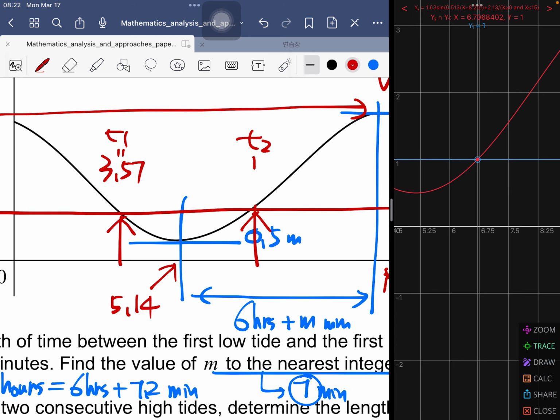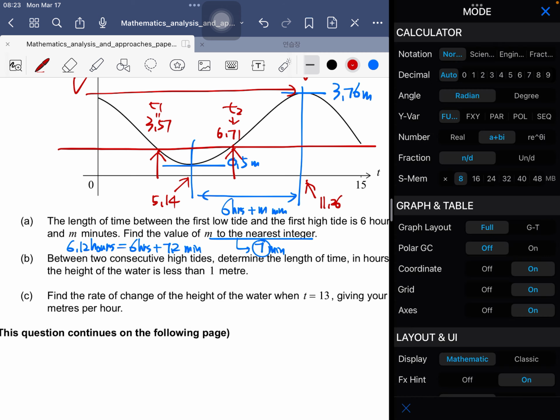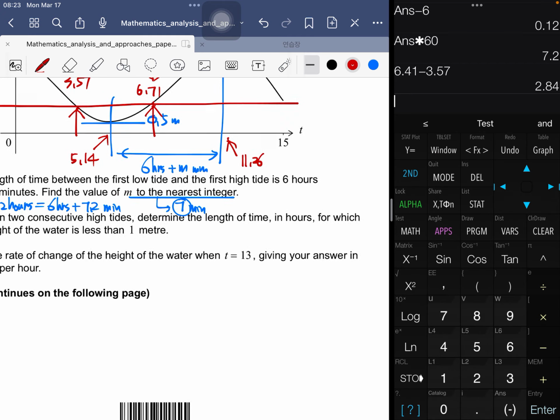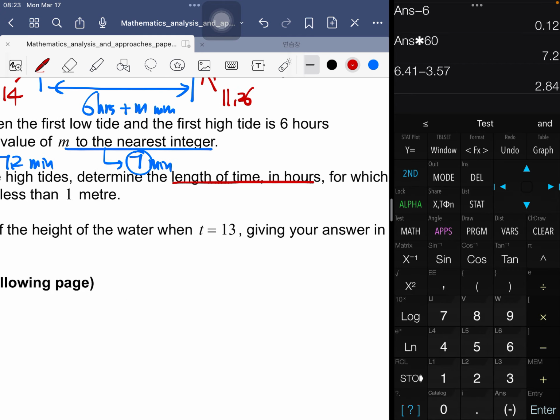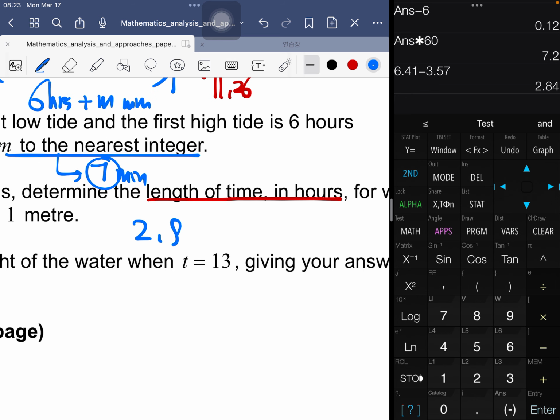T2 over here is 6.71. Okay, so determine the length of time. So the length of time should be 6.71 minus 3.57, so 2.84 hours.